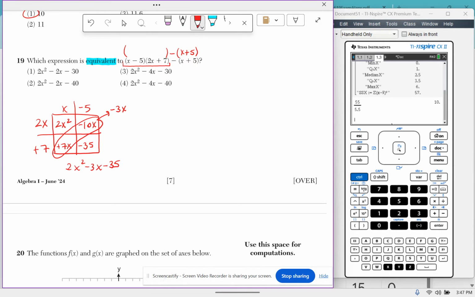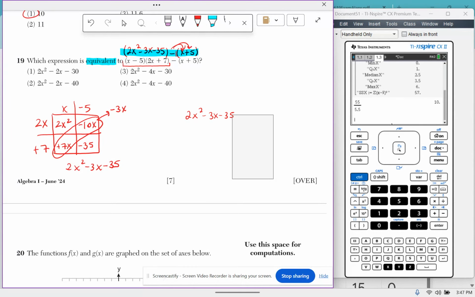So that is the trinomial that's going to go right up in here. And then now I need to find out what's going to happen with this. So I have 2x squared minus 3x minus 35. And then I'm subtracting off an x plus 5.